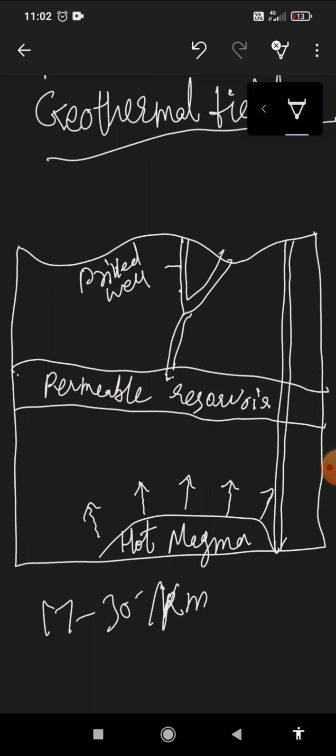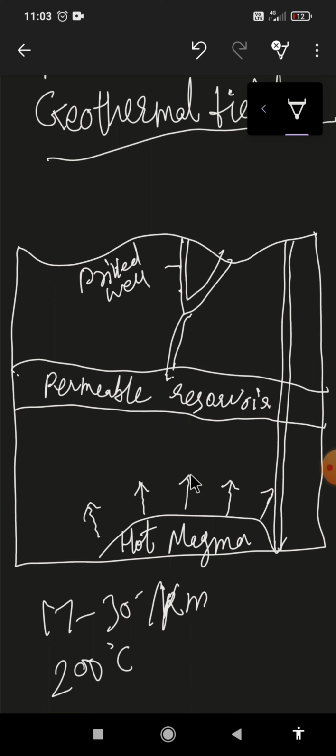So the average temperature at a depth of 10 kilometers is about 200 degrees Celsius. Where the heat is available near the surface and is relatively more concentrated, its extraction and use may be considered feasible. Then these sites are known as geothermal fields. So this is a geothermal field.